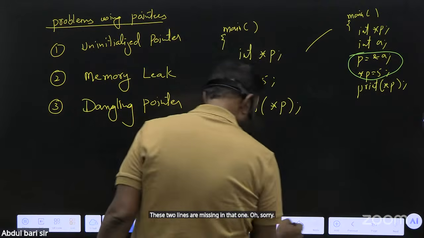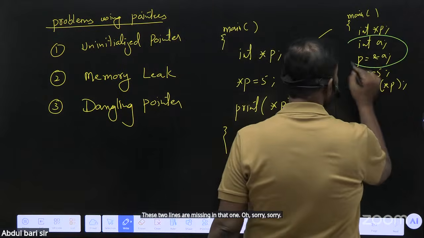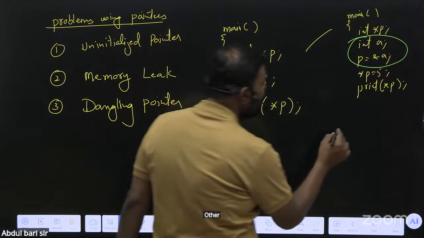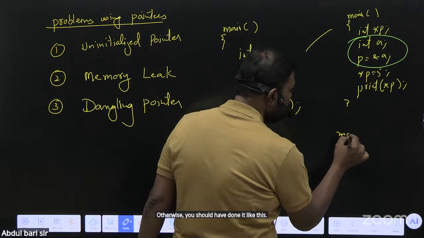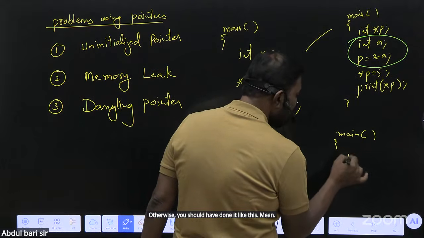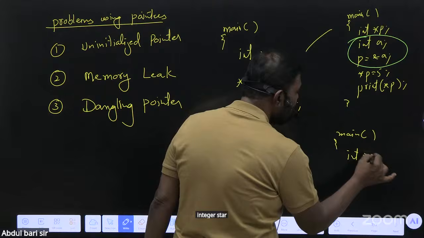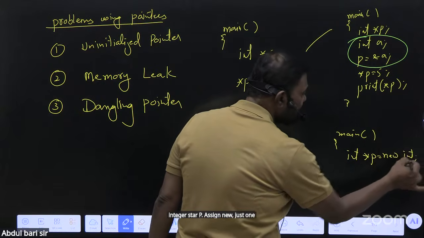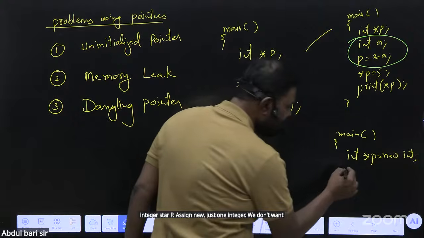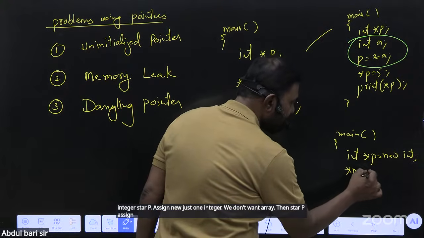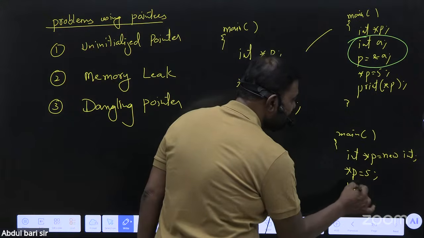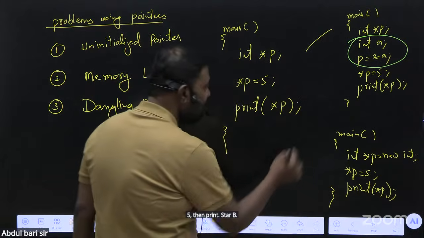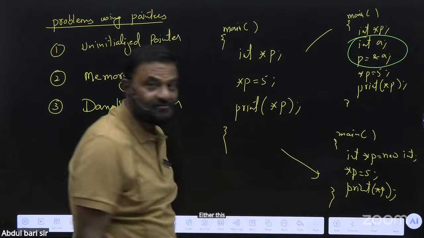Otherwise, you should have done it like this. Main, integer star p assign new just one integer. We don't want an array. Then star p assign 5. Then print star p. Either this or this I should have done.